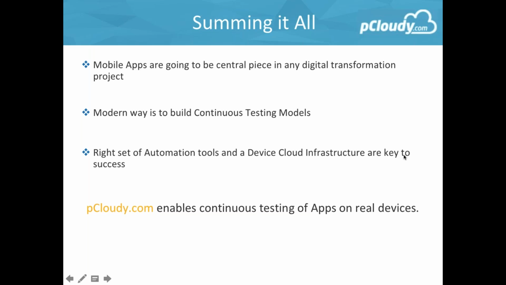And the next question from Devino, how are reports generated and what are the formats supported? So as part of the manual test, we provide reports around logs of the devices, the performance report in form of HTML files, which can be downloaded, the complete video session, and all the screenshots that are taken during the testing.